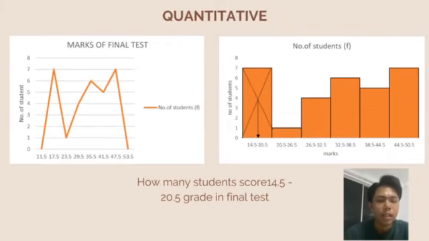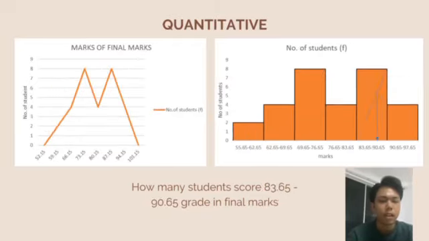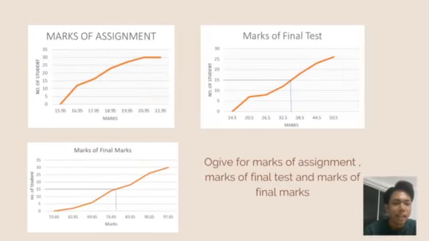Next, this is the data on how many students score 14.5 to 20.5 grade in final test. Next, this is the result on how many students score 83.65 to 90.65 grade in final marks. Last but not least, this is the OGIF for marks of assignment, marks of final test, and final marks.